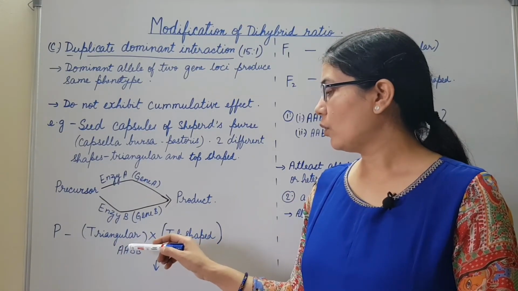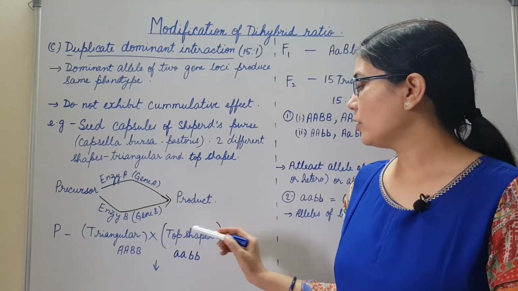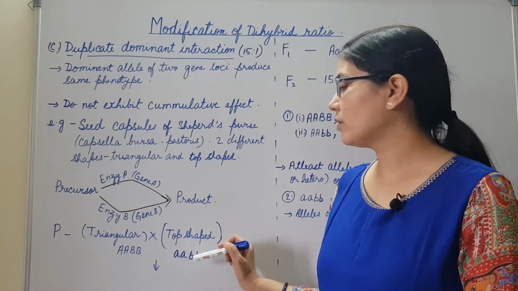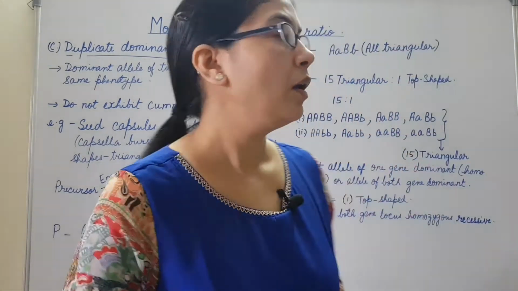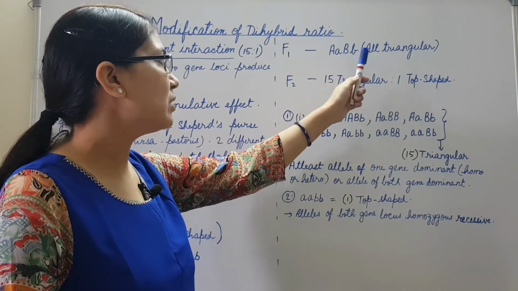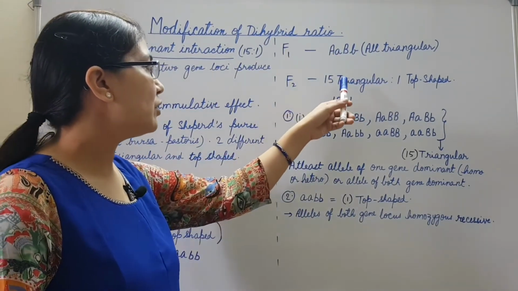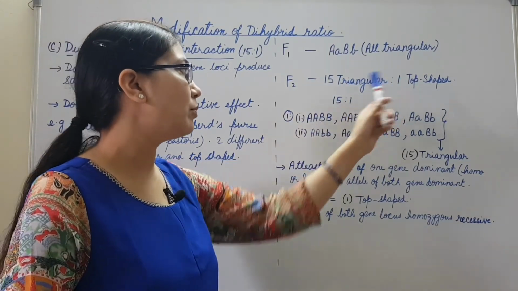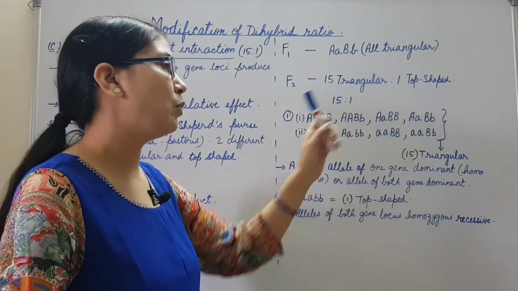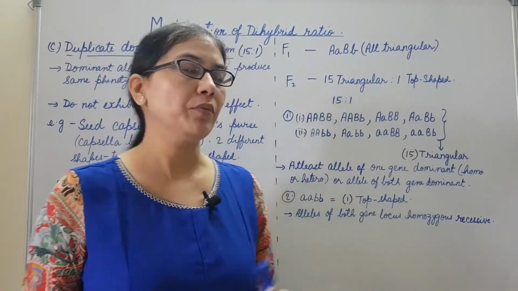Triangular is homozygous dominant for both genes and top shaped is homozygous recessive for both genes. The F1 generation is heterozygous for both genes and all are triangular in shape. The F2 generation has 15 triangular and 1 top shaped. The ratio is 15:1. Now let us see the genotypes of this F2 generation.